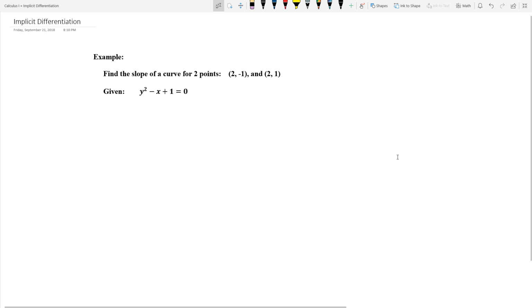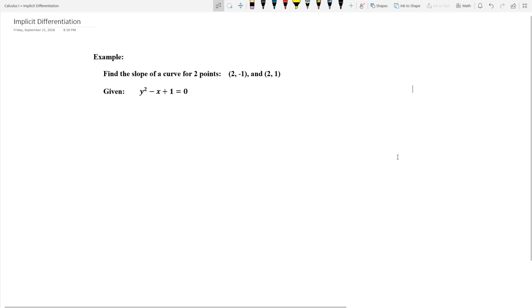So we first will simply take this equation and we will find the equation for the slope of a curve at any given point. And then we will use the points given, and from that, we will find out what those individual slopes are for that tangent line.